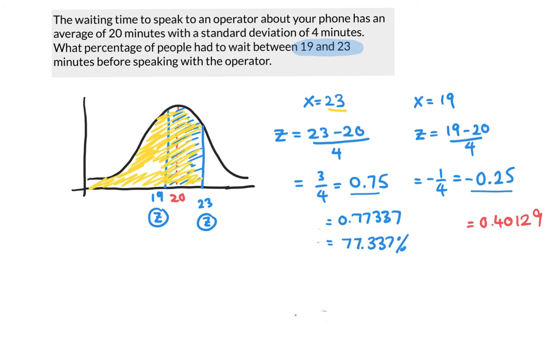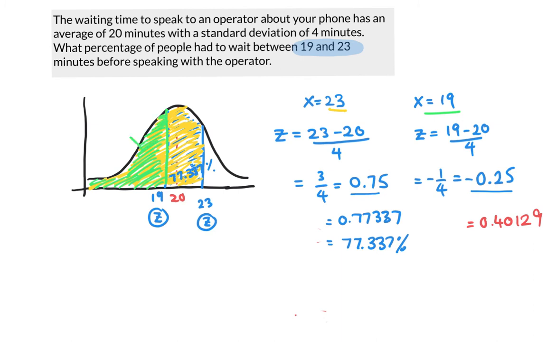So that bit in yellow is 77.337%. And then the data point that is x equals 19, there's 19 there. Again, that goes to the left. And that is there. So all these percentages are always to the left of the data point.